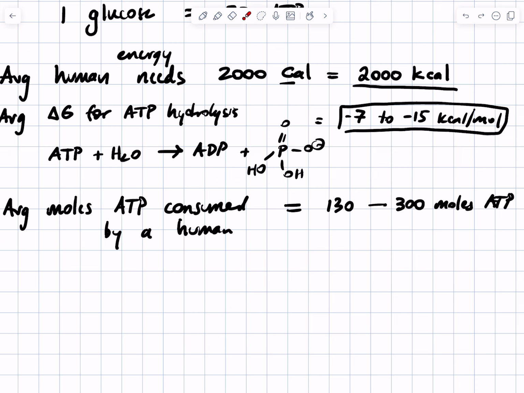Now, do you know how big a mole is? 6 times 10 to the 23rd. So you would need anywhere from 8 to 12 times 10 to the 25th molecules of ATP every day. All right? So that's just an astronomical number.